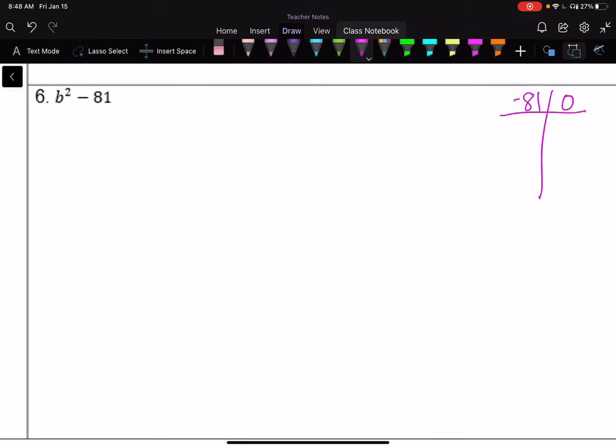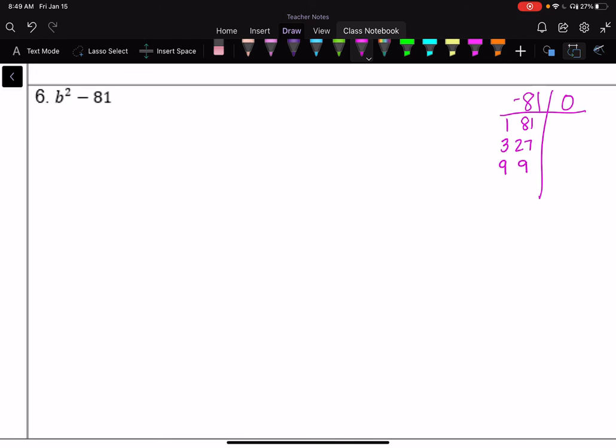Now I'll do my factors of 81. So in my table, I'll do 81 divided by x, and that gives me 1 and 81. 2 doesn't give me a whole number. 3 and 27. And then 9 and 9.